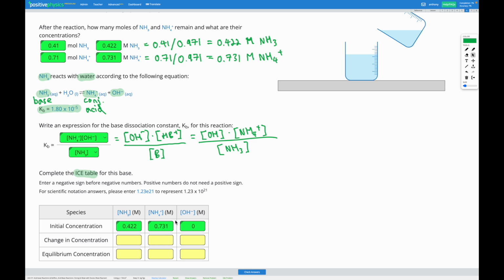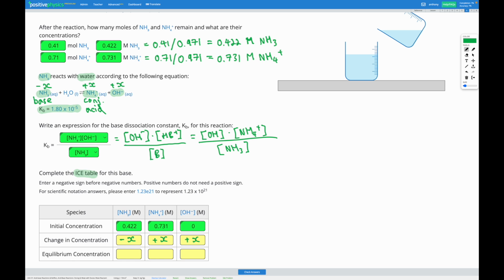Then these are going to come to an equilibrium. So if we use up X of ammonia, we're going to produce X of ammonium and X of hydroxide ions. So our change in concentration in terms of X is going to be negative X for NH3, positive X for NH4 plus, and positive X for OH minus.